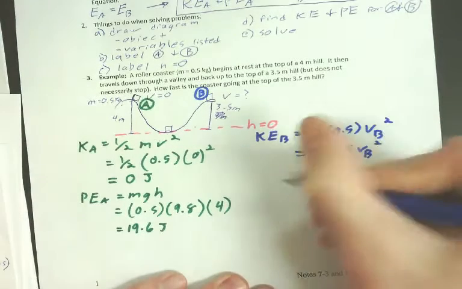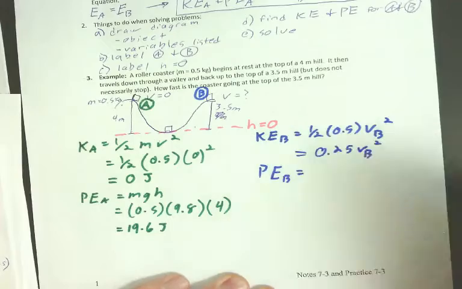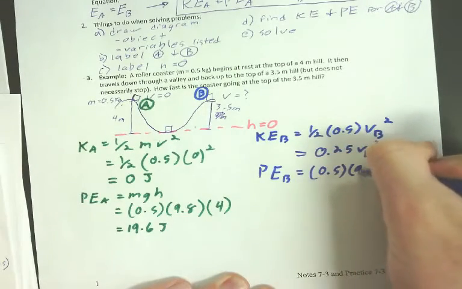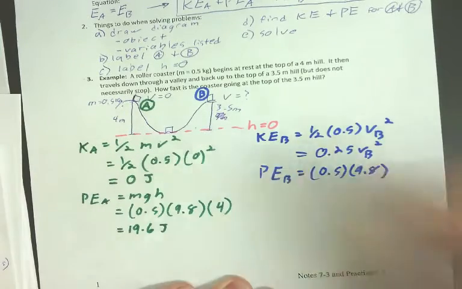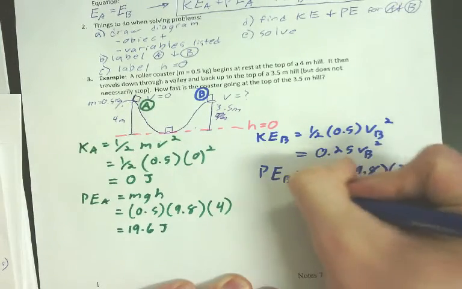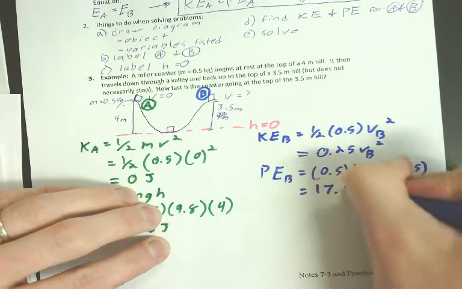Now we're going to do the potential at B. mgh, just like before, 0.5 times 9.8 times the height. Now, B is 3.5 meters above the ground. And when I multiply that out, I get 17.15.